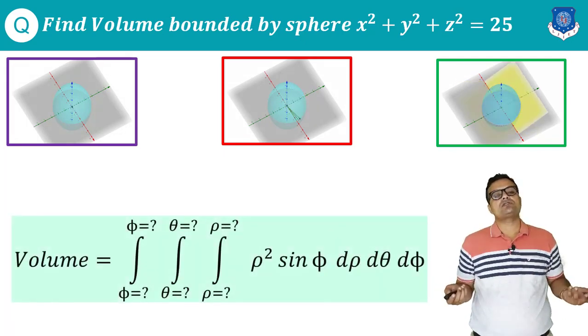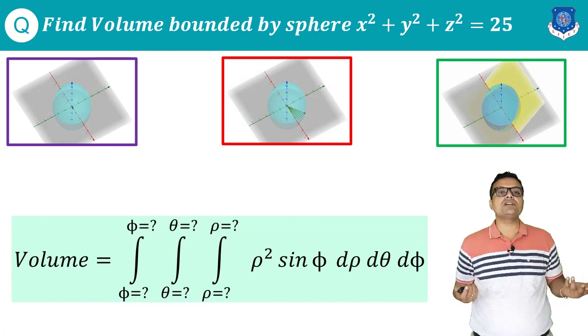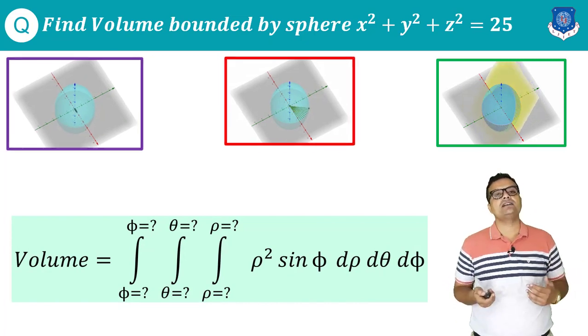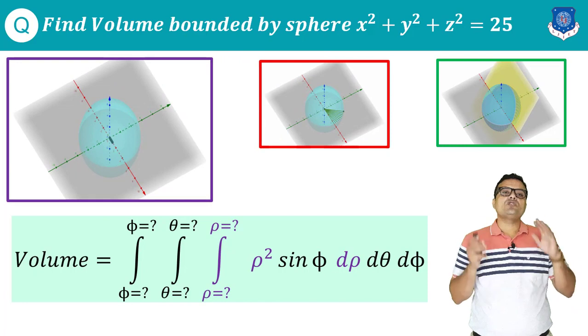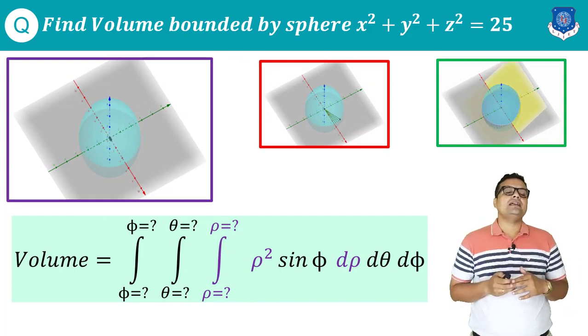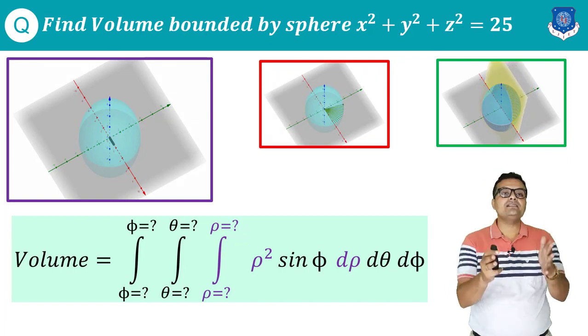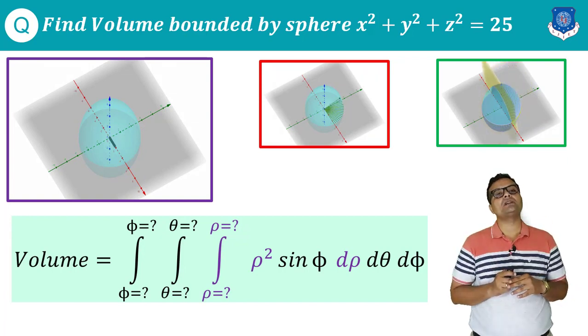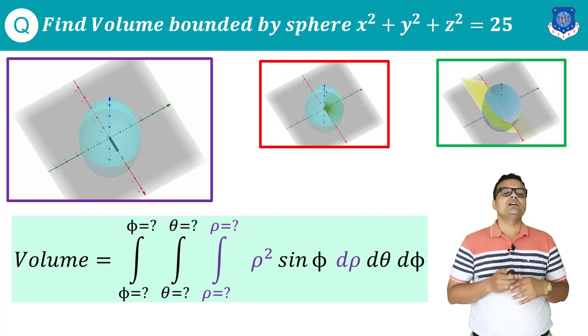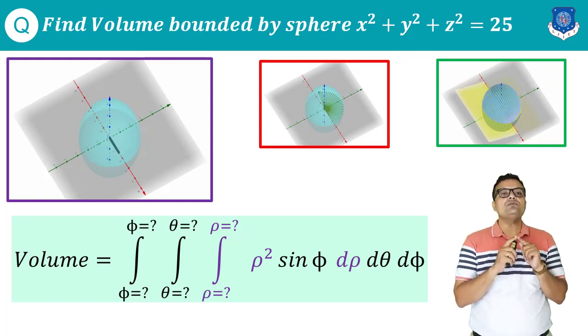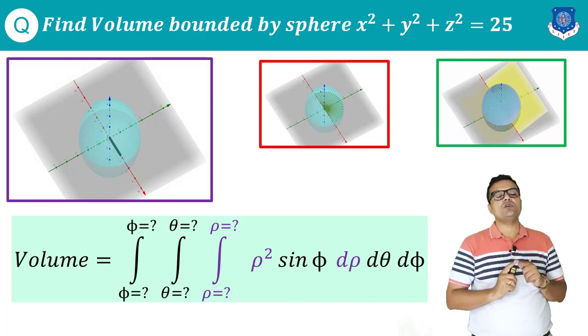So again the natural question: what are the limits of these three coordinates rho, theta and phi? First of all I am focusing on my innermost variable, which is rho. I am highlighting this rho variable with purple color, and I am focusing on that first frame, which is a point moving from the origin to the outermost point.